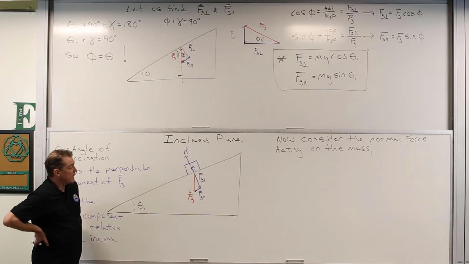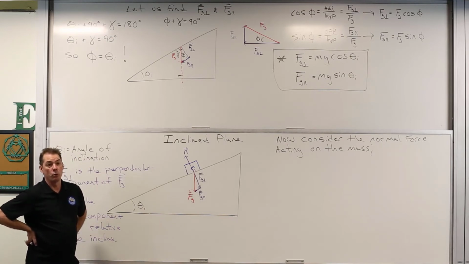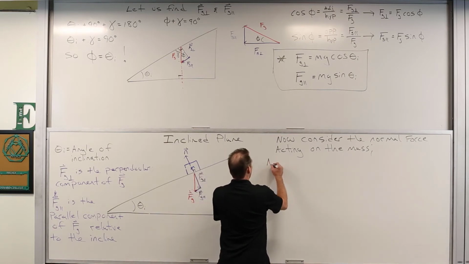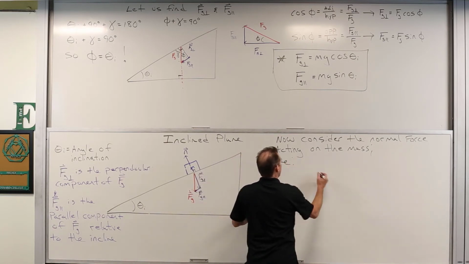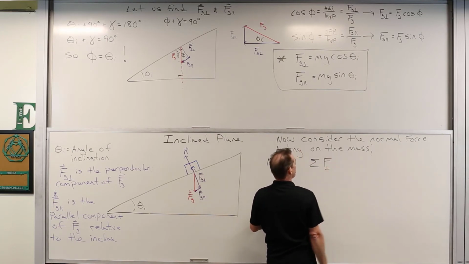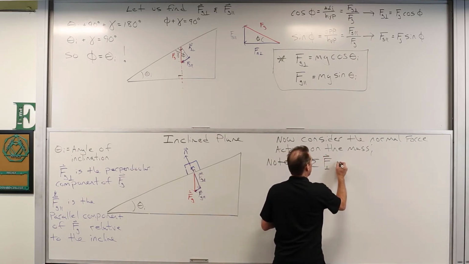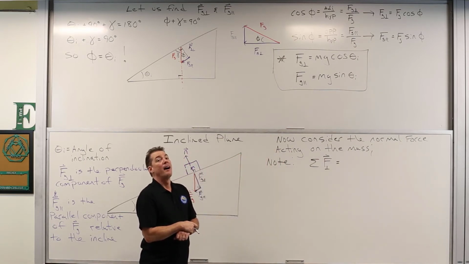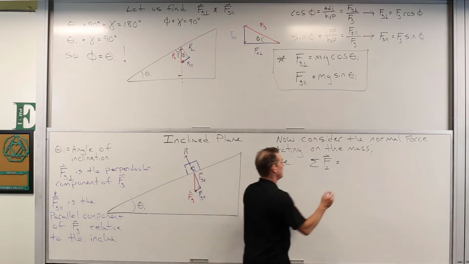Well, we can start again by breaking things up into parallel and perpendicular components. Note, the net force perpendicular to the incline must be equal to 0 if it's going to stay on the incline.